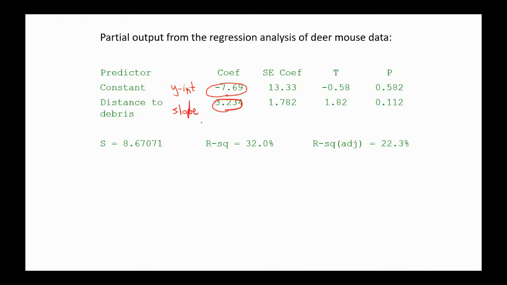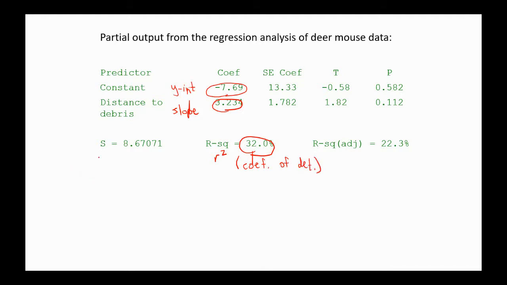Slope. What's this 32.0%? R squared. That's what we just found. Also known as the coefficient of determination.